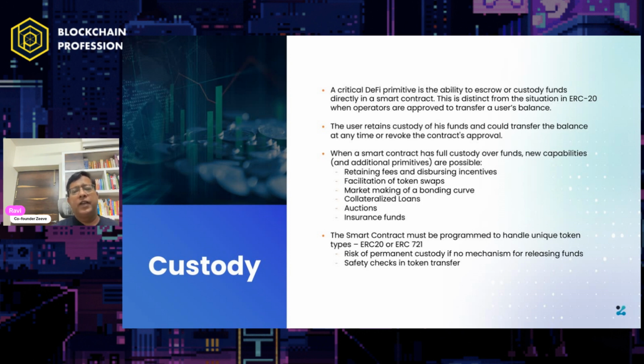In the case of DeFi, when we say custody or escrow, we mean escrow contracts or custody contracts, governed by a smart contract where the set of conditions are written, and as the conditions are met, the decision is taken.